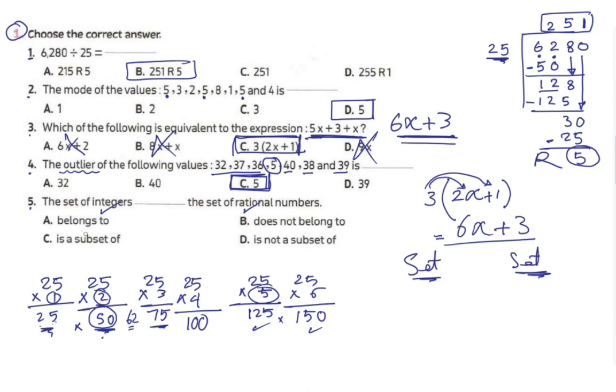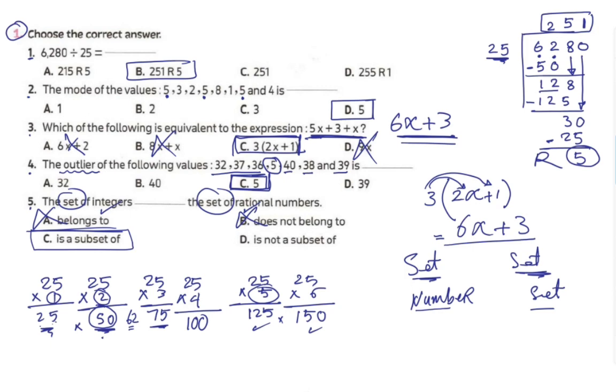But when you use belongs to or doesn't belong to, if I have a number and a set, I may use belongs or not belongs, but with two sets, set and set, I will use just one, subset or not subset. So A is false, B is false, and now I know that integers are a part of rational numbers, so the integers are a subset of rational numbers. So I will choose point C.